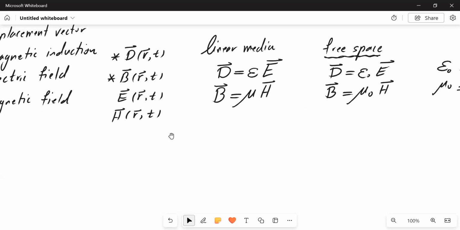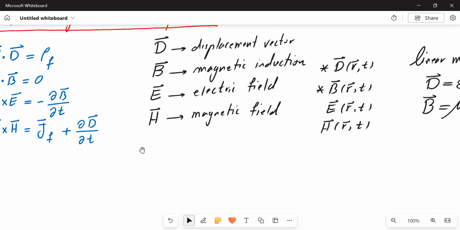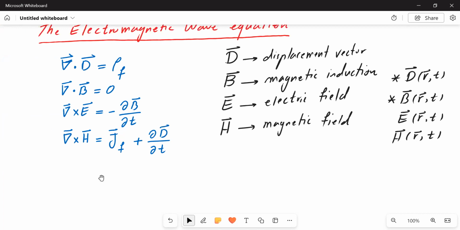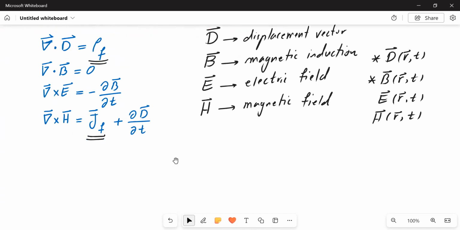On the other hand, looking back into Maxwell's equations, we see two terms here, or two sources: rho, in this case rho F, where F stands for free. It's called the charge density.